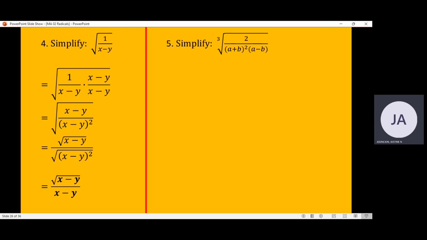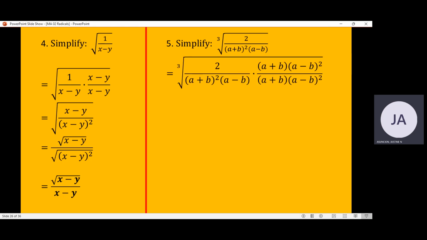Okay, here in this case, we need to multiply a plus b times the quantity of a minus b squared. Now, simplifying that, we have the quantity of the cube root of 2 times the quantity of a plus b times the quantity of a minus b squared over the quantity a plus b cubed, quantity a minus b cubed.